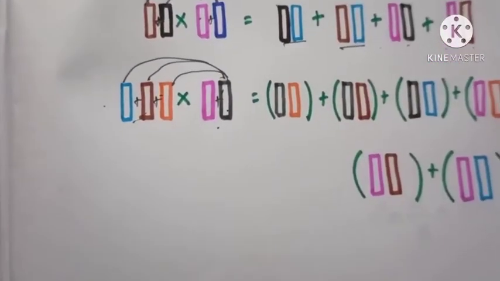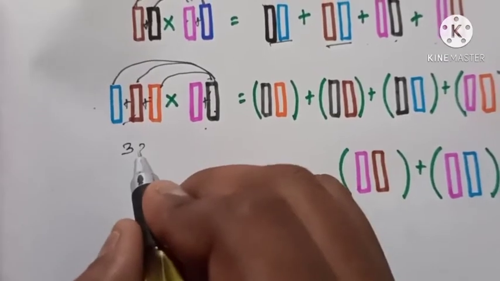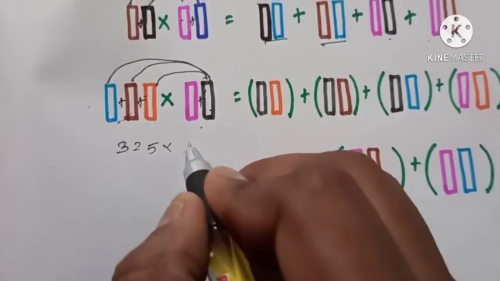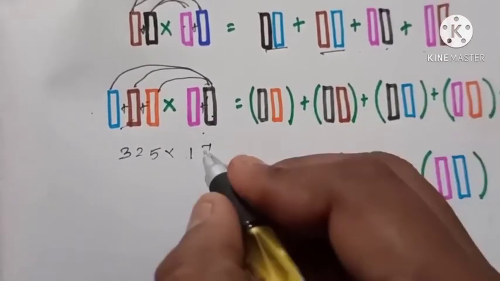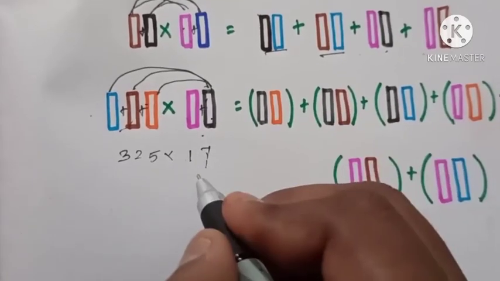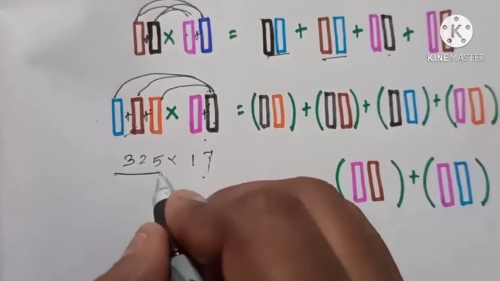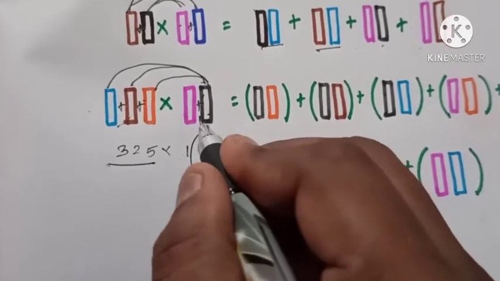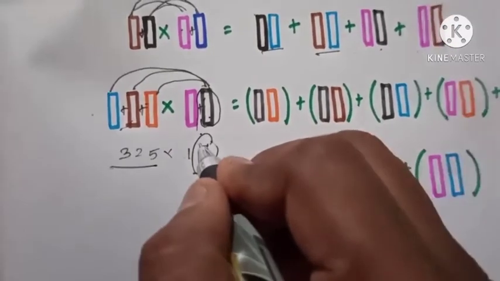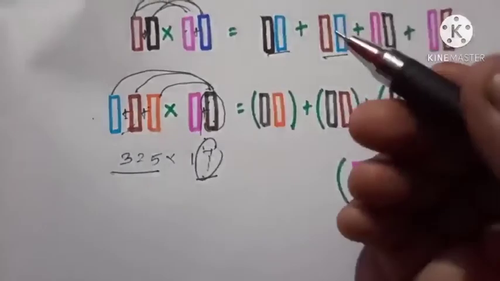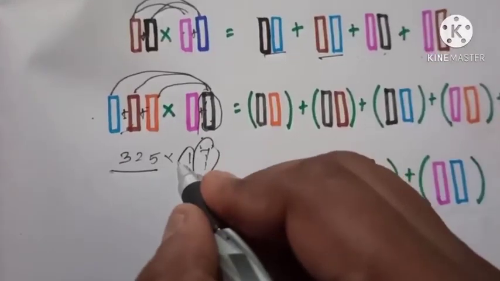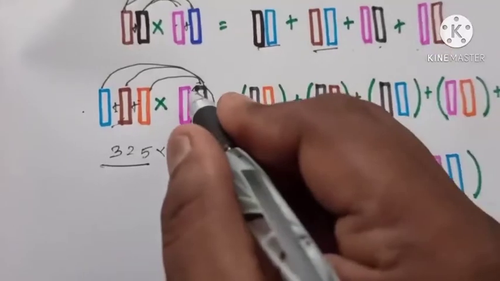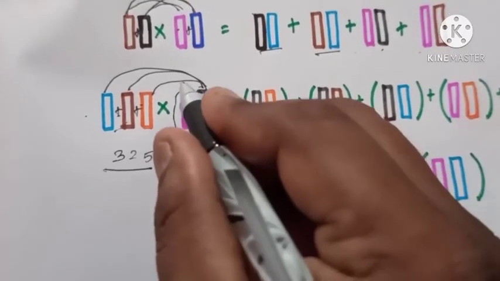Normal multiplication, dear. For example, 325 into 17. First you must multiply all of 325 with 7. Instead of 7, you take the first term and multiply it with these three terms. And next you go to the tens place; the same way you go to the second term and multiply with all the terms.